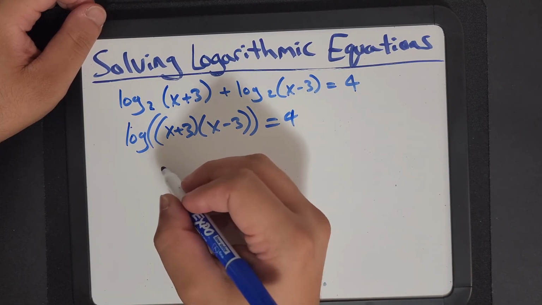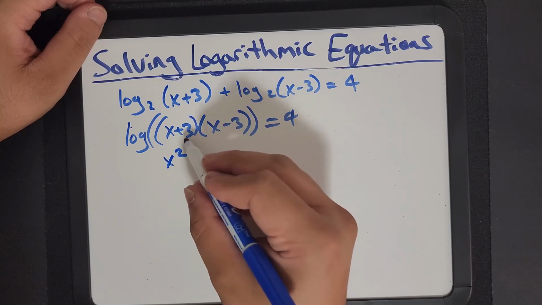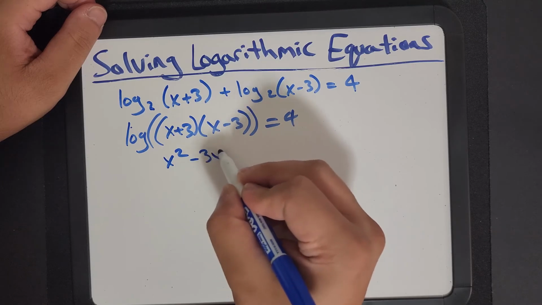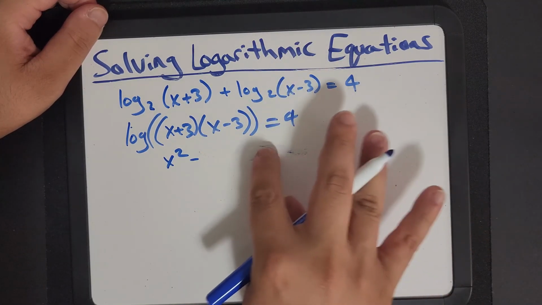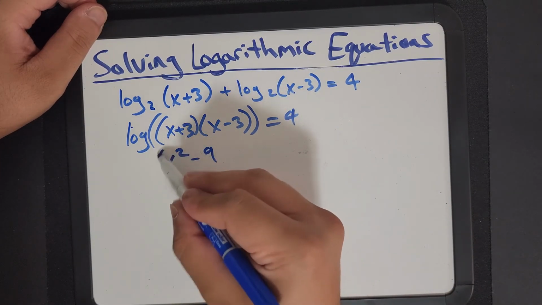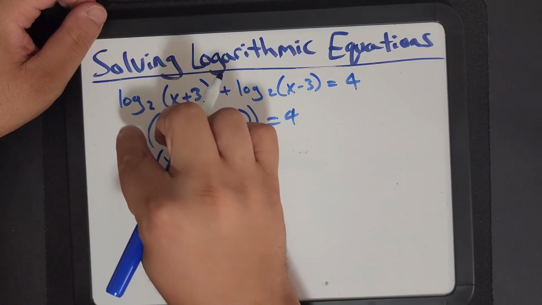If I expand that, I'll have x squared. That looks like a difference of squares, so the 3x and negative 3x will cancel out, and I'll be left with 3 times 3, which is 9. Oh, I forgot to write my base.